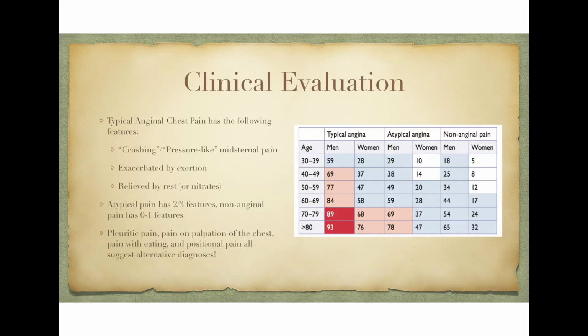This table, which was taken from the European Society of Cardiology guidelines, explains how you can put that information together with the patient's age to give you a pretest probability that the patient actually has ischemic heart disease.